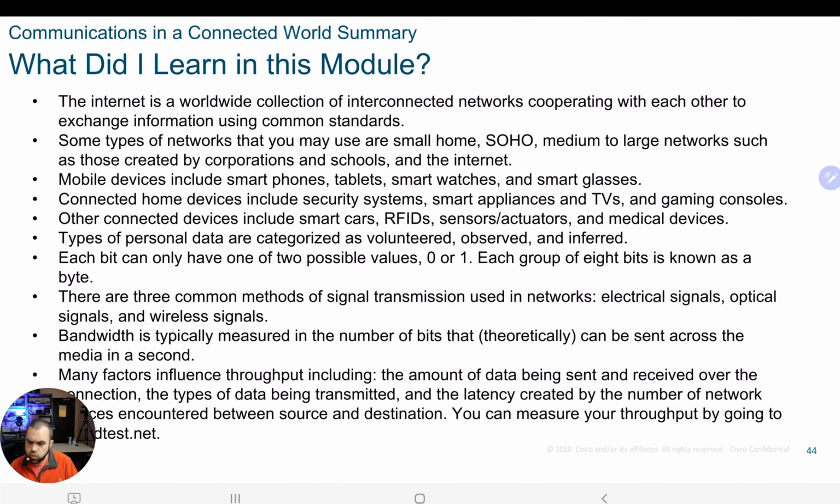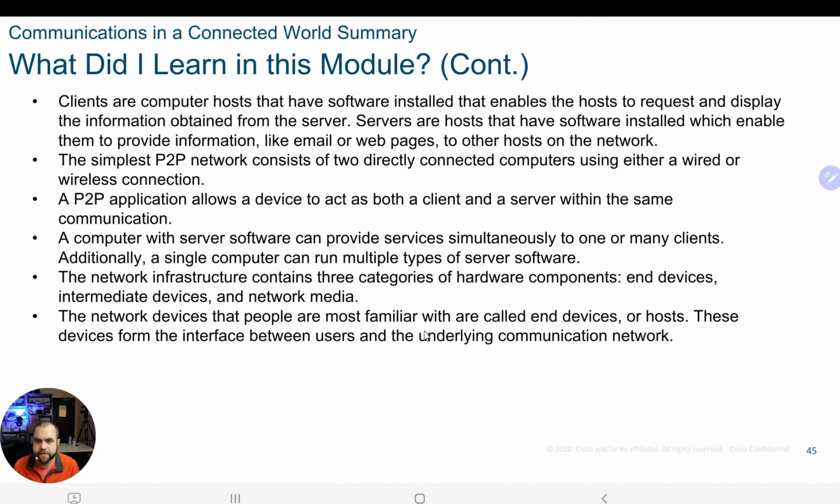And with that, just remember there are a lot of factors that go into that throughput. How many users are on the network? What is the throughput of what you're actually connecting to on the other side? Those are all things that can change the actual amount of data that you are seeing.